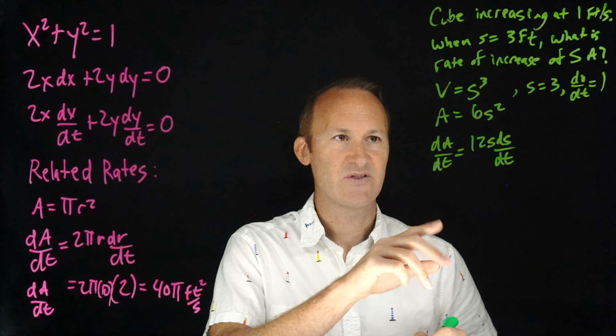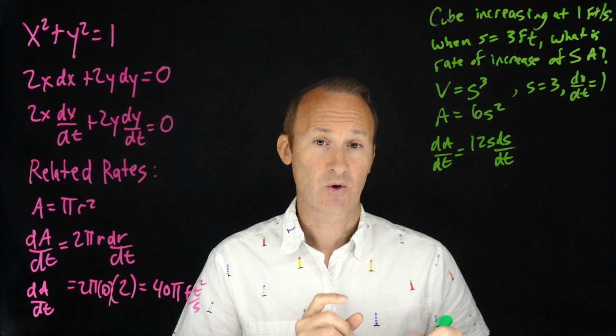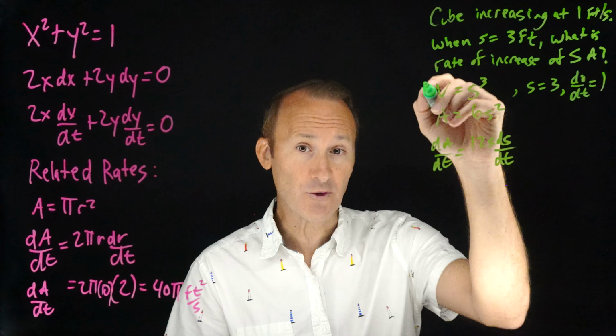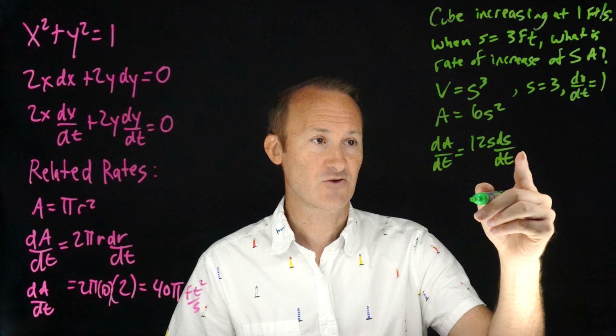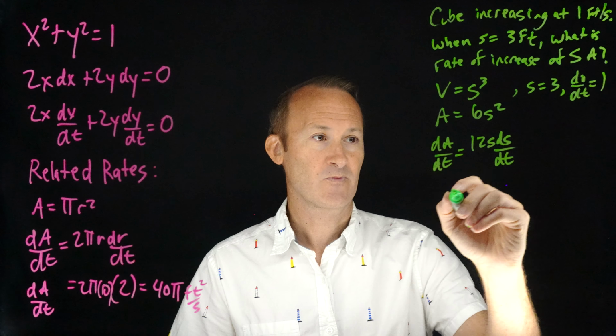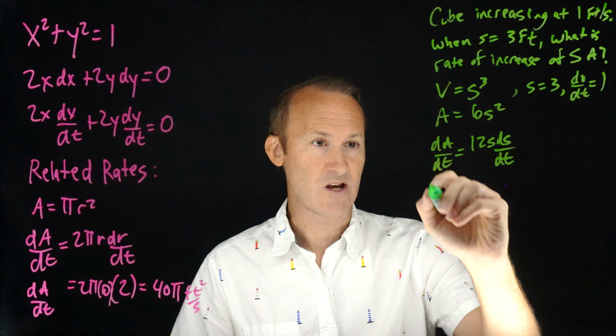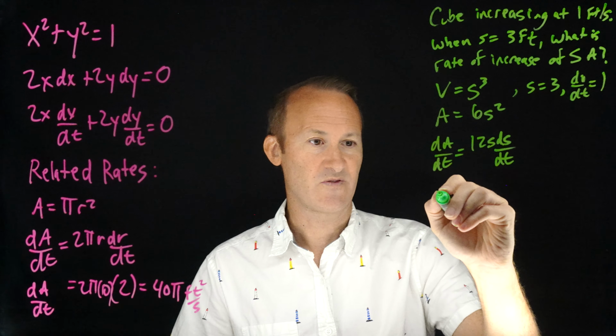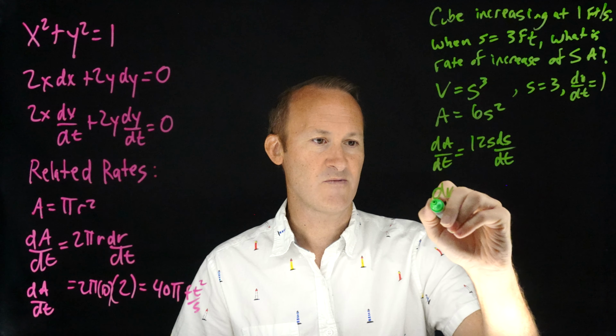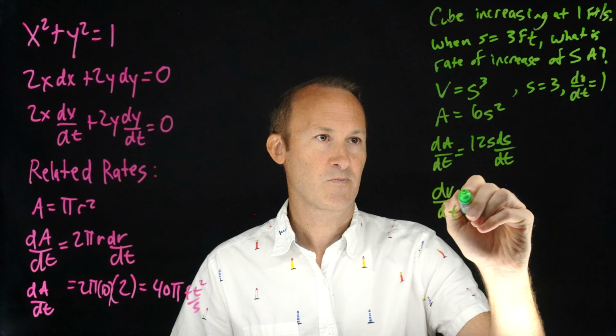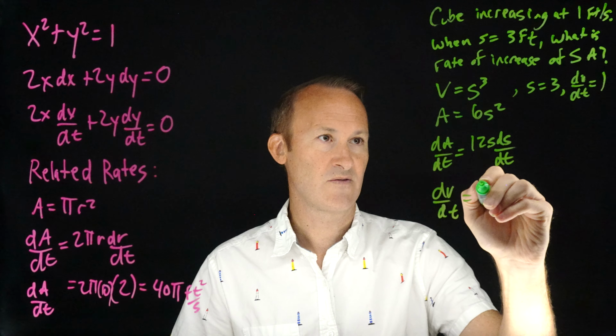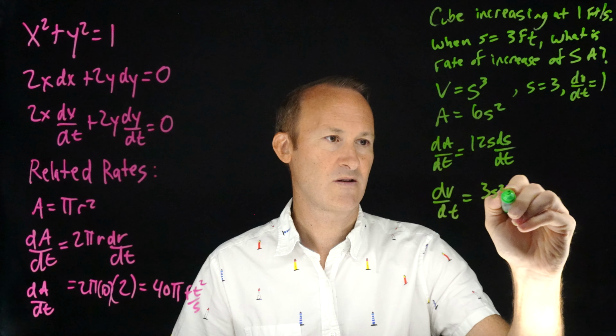We only have dV/dt. You need to use the other equation to figure this out. And so the other equation, starting with V, is dV/dt equals, we'll take the derivative, 3s squared ds/dt.